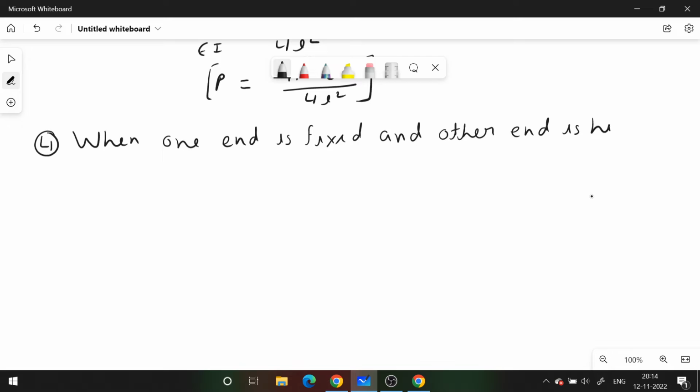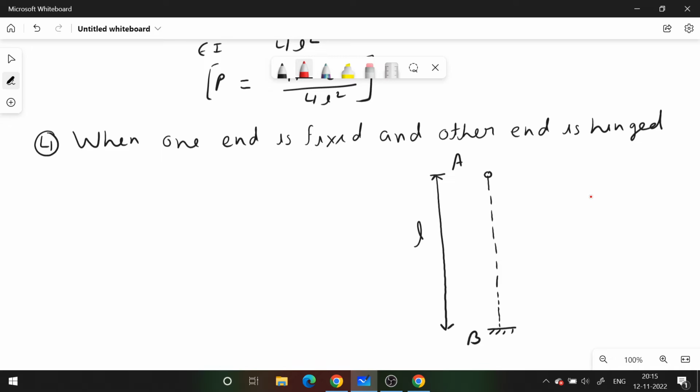is hinged. Now consider a column AB of length L, whose one end is fixed and other end is hinged.